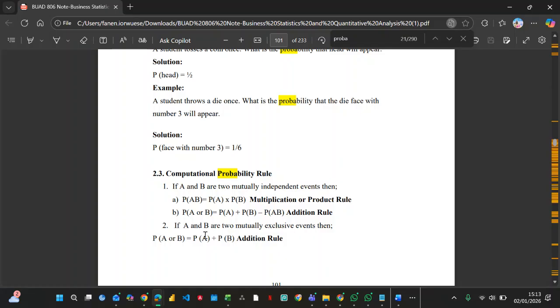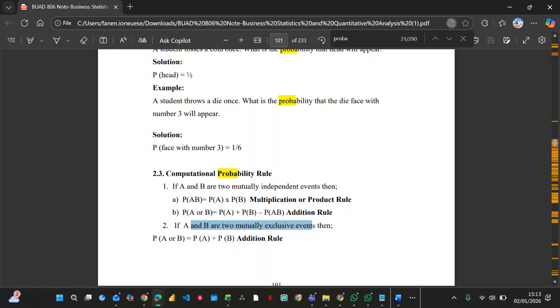We have the multiplication or product rule and the addition rule. For two mutually independent events, you have this. When you come to two mutually exclusive events, you also have an addition rule. When you understand whether a question is this or that is how the question comes in, and we'll understand it. Don't worry. Let me just talk about the exclusive event.